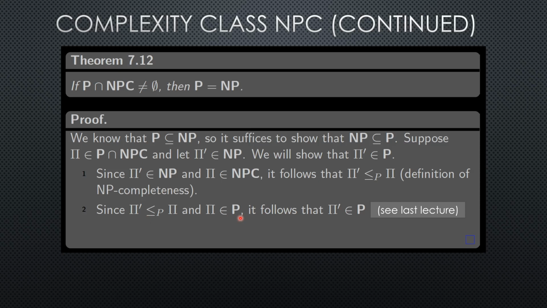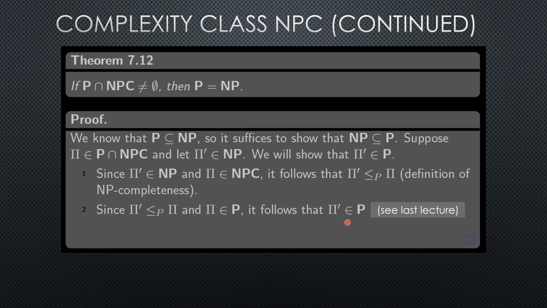That's actually something we argued in the last lecture, as a lemma. So take a look at that if you don't believe this or don't understand why this is true. So it follows that pi prime is actually solvable in polytime.